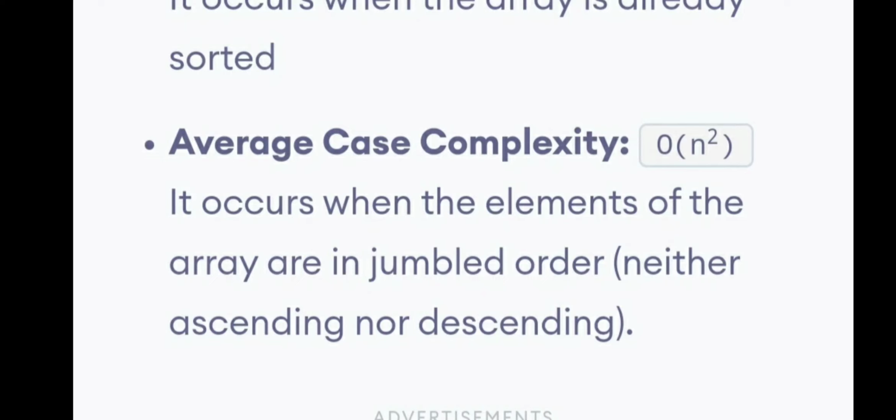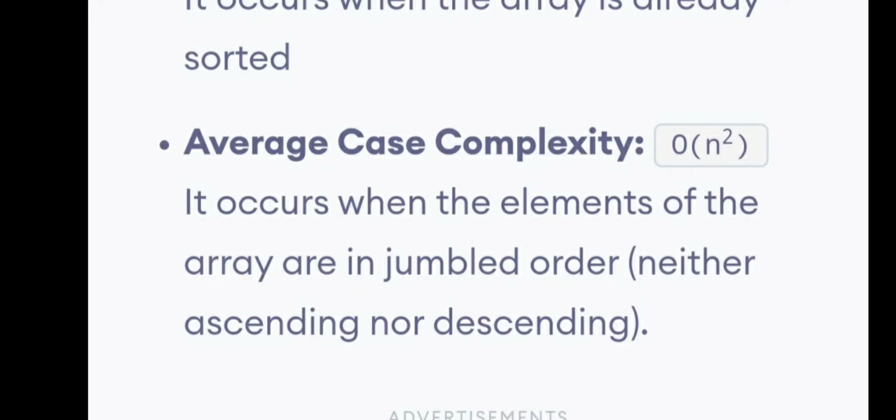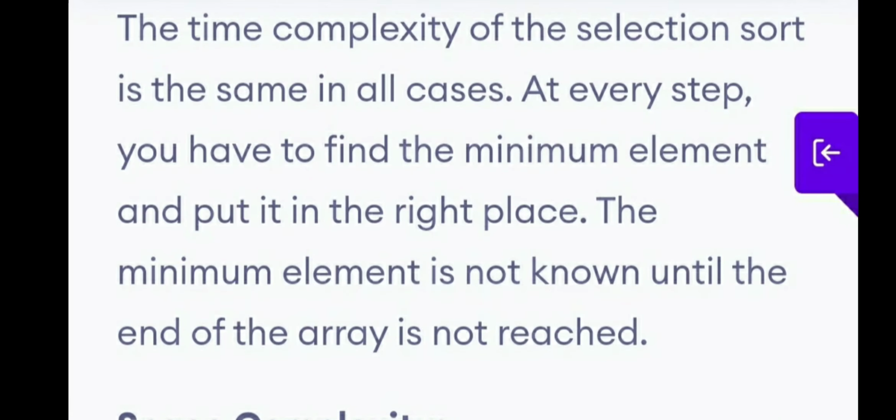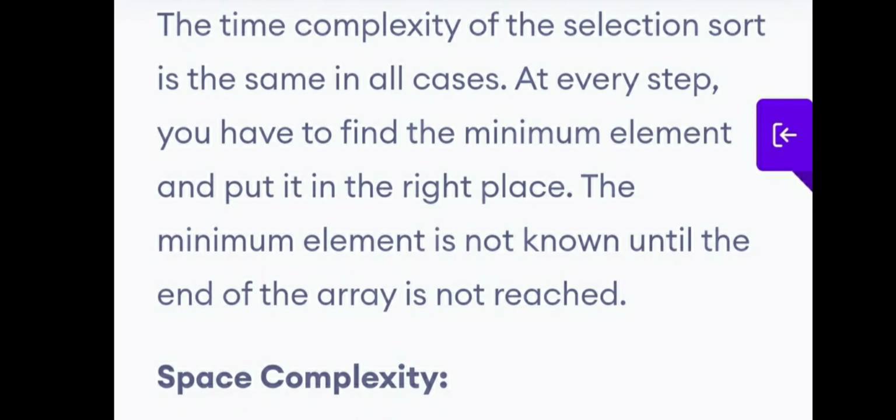Worst case means the elements are in reverse order: our aim is to arrange them in ascending order, but the elements are in descending order. The time complexity of selection sort is the same in all cases. At every step you have to find the minimum element and put it in the right place. The minimum element is not known until the end of the array is reached.